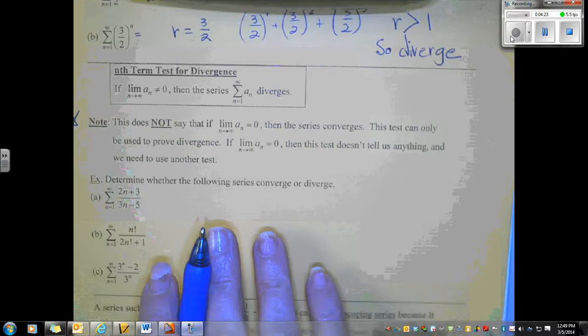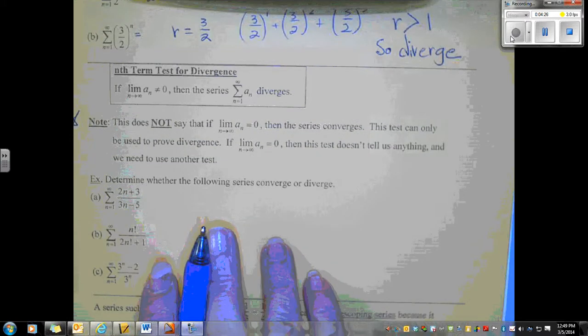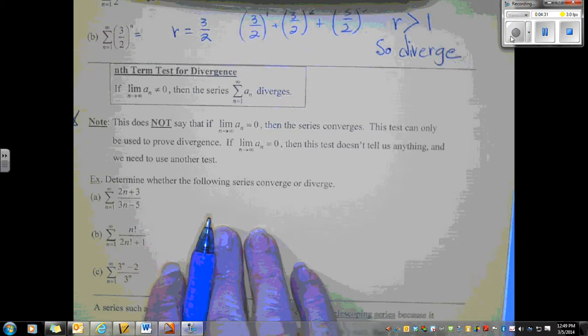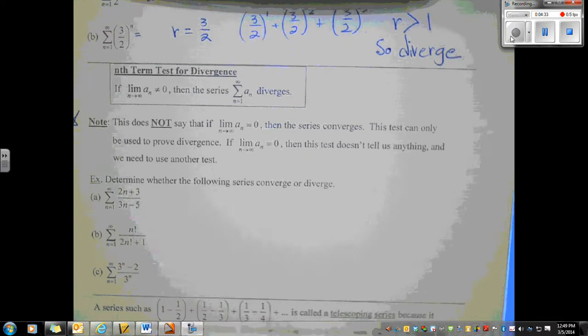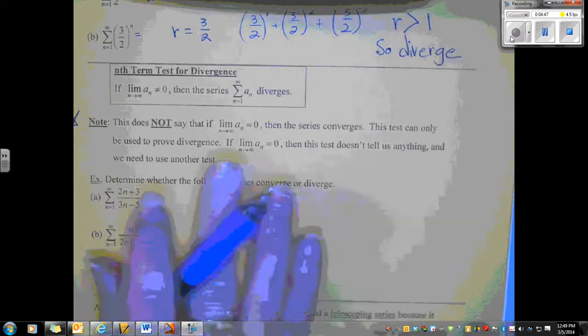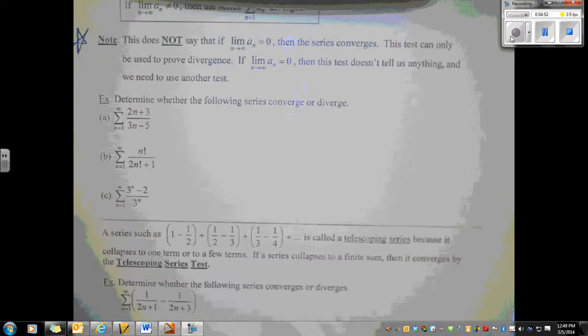I memorized them when I took the AP test, but I don't know them anymore. You're not writing them on your hand or your arm. Are we having an AP shirt, by the way? We should.